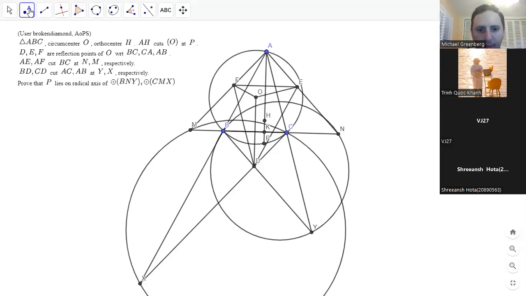So we want to show it has the same power. Yeah, this one looks hard.